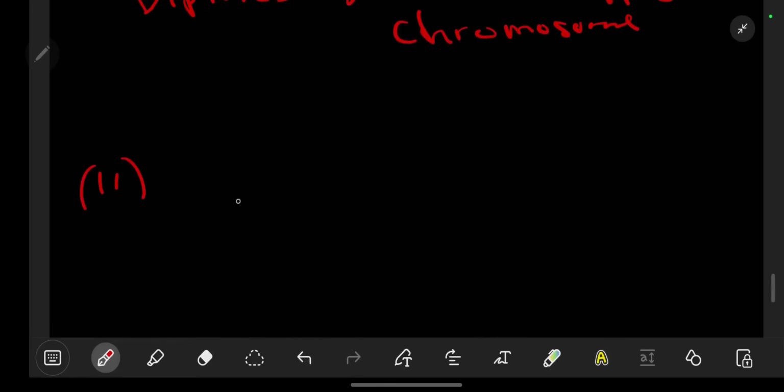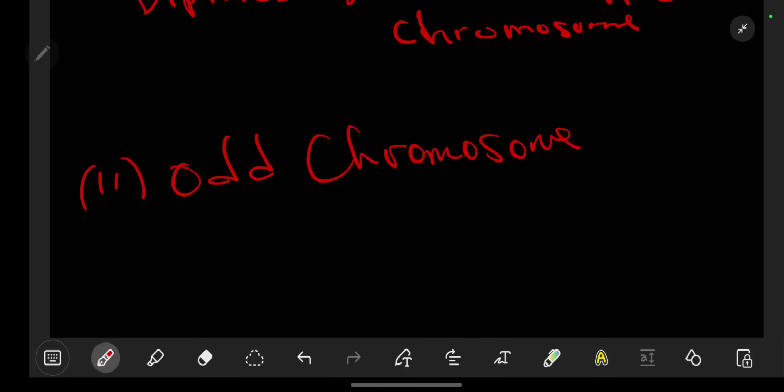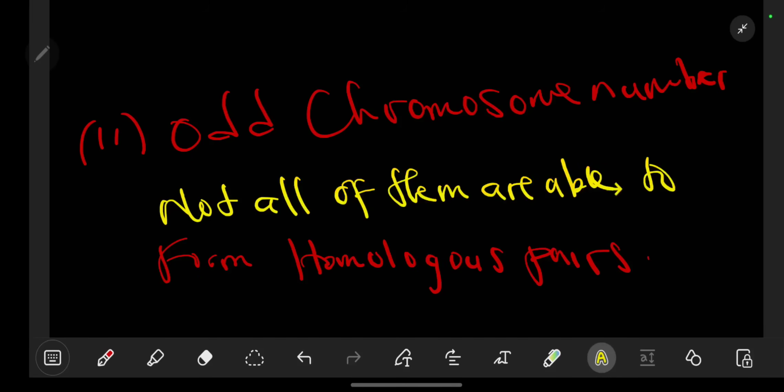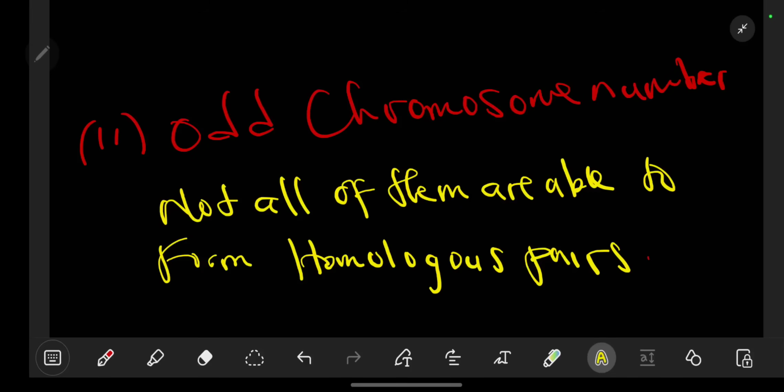So a mule cannot reproduce because, number one, if we have an odd chromosome number, not all of them are able to form homologous pairs. So as you can see, not all of them are able to form homologous pairs like that.